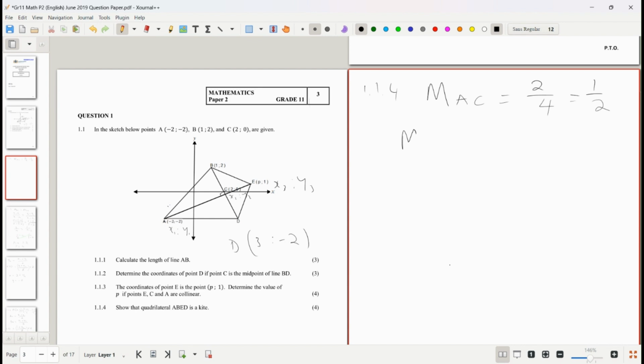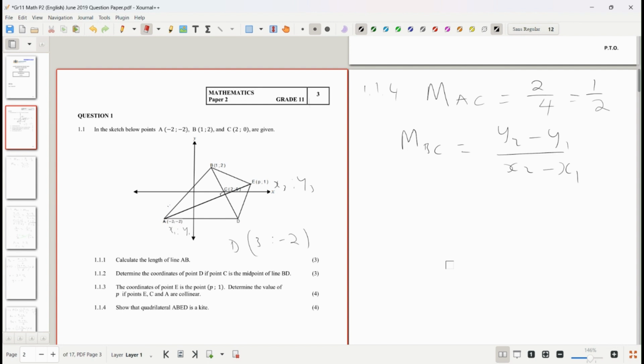So let's calculate the gradient of BC. The gradient of BC will be y2 minus y1 over x2 minus x1. We need to quickly label these coordinates.